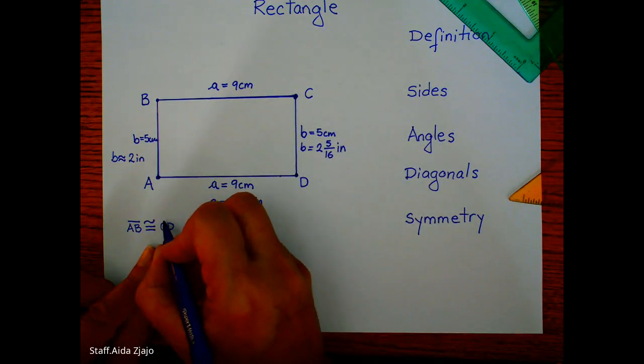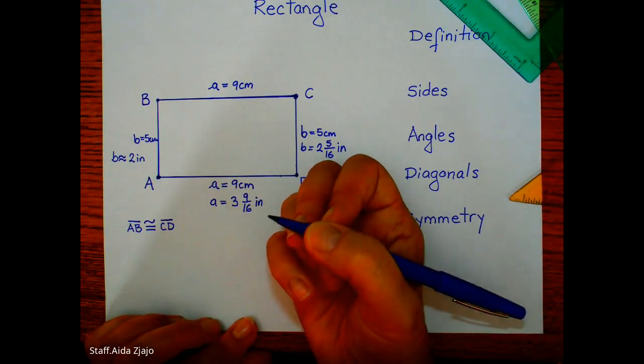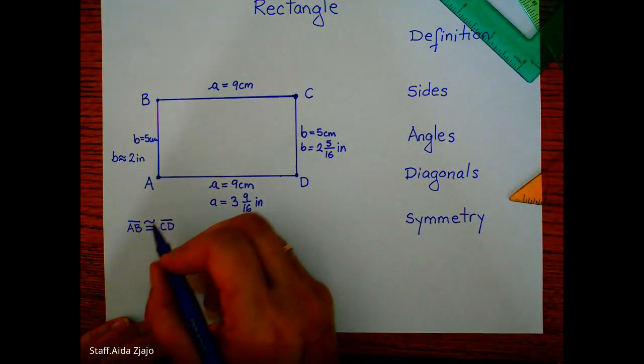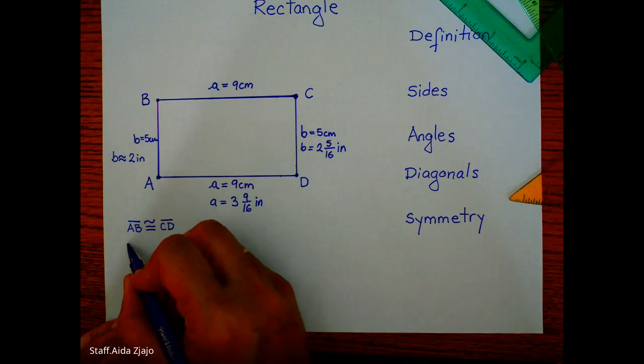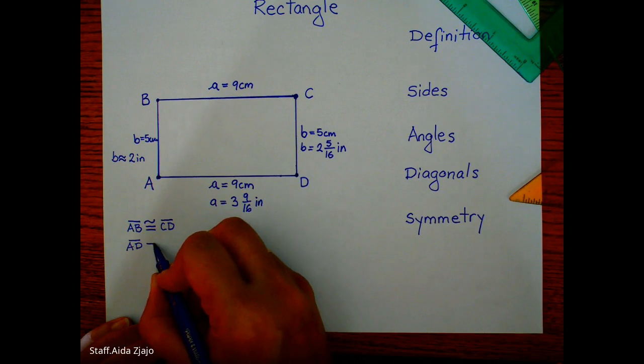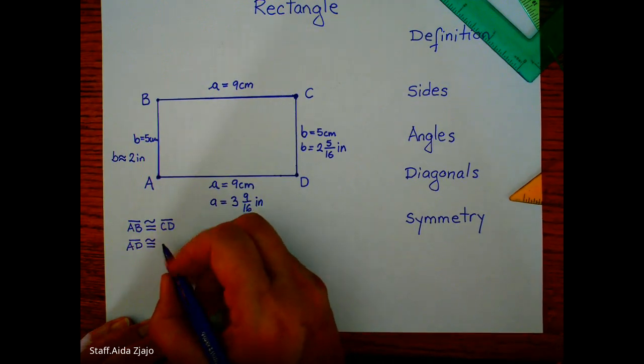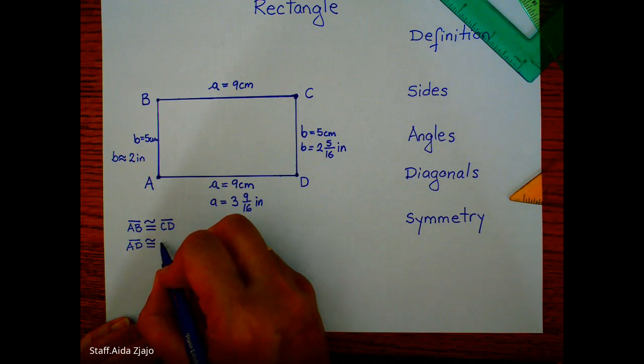A line segment is just a line above the capital letters. And then we can also say that line segment AD is congruent, with the wavy line on top of the equal sign, to BC line segment.